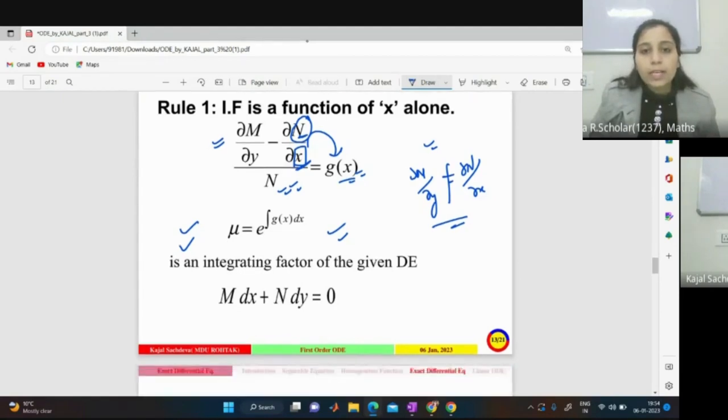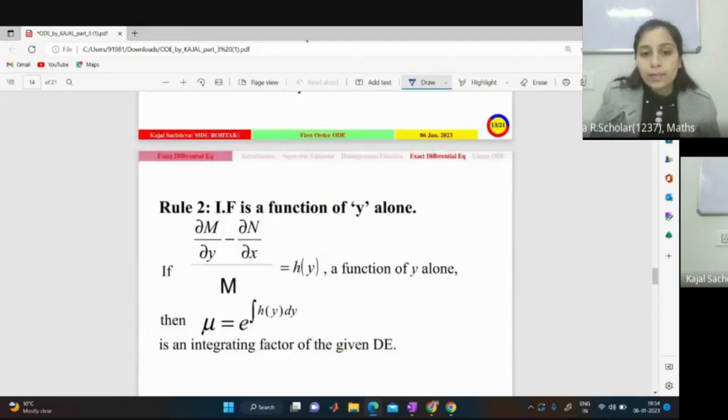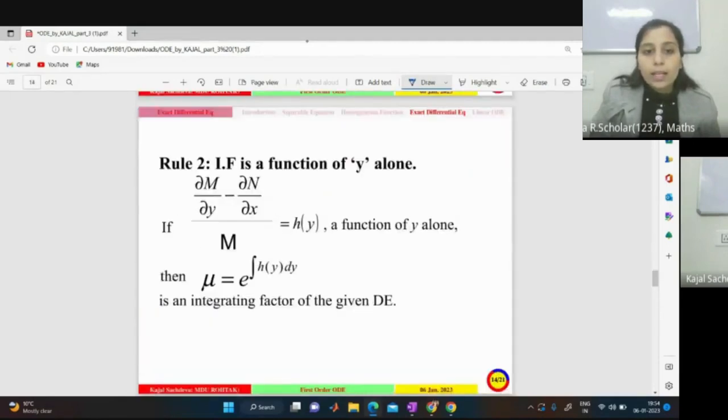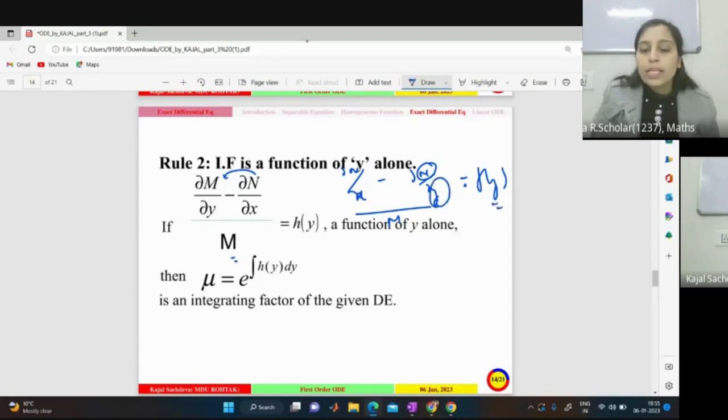On the other hand, we have another rule also: write this as ∂N/∂x minus ∂M/∂y, and divide by M. If we get a function of y, then e raised to the power integral of that function of y dy is the required integrating factor.